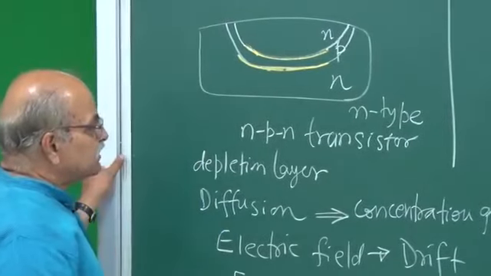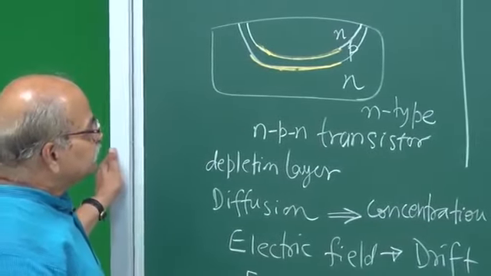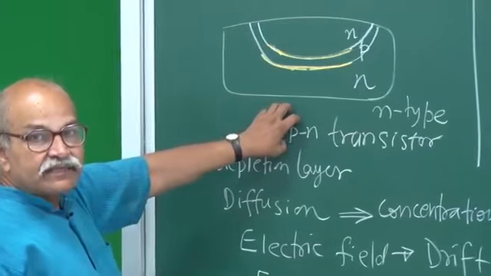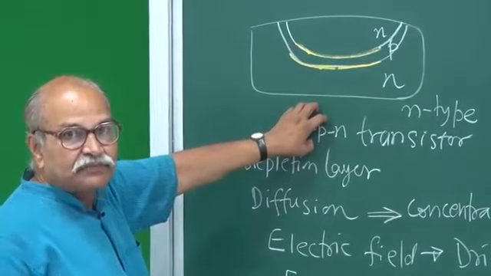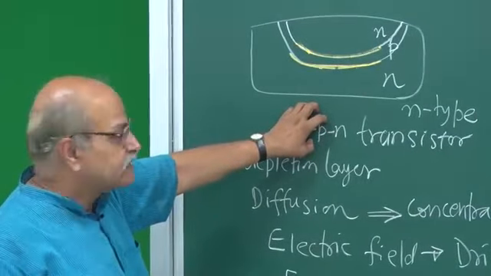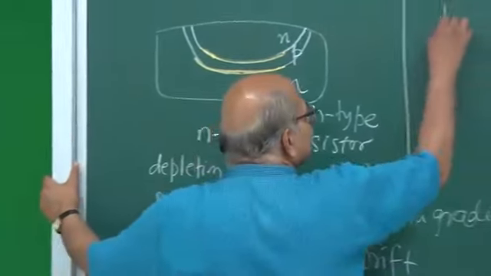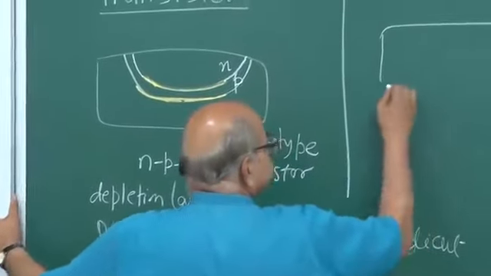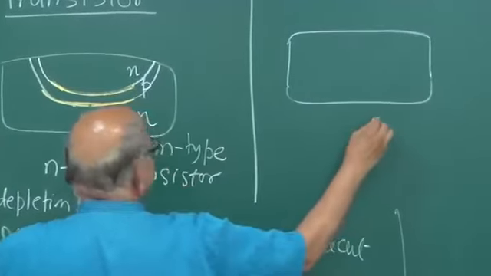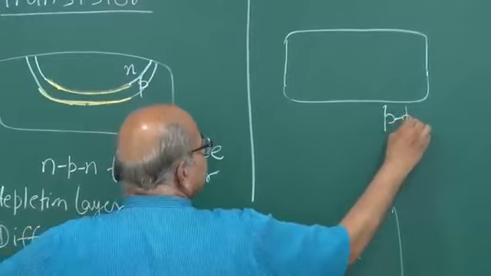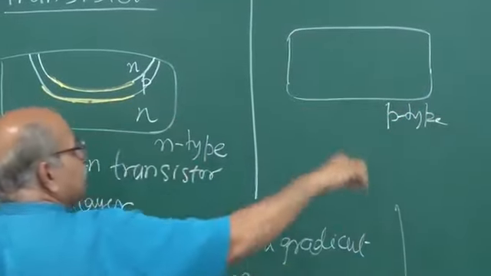And most of the time we will be using the NPN transistor to explain all the physics, all the processes in the transistor. But you can have the opposite of this. You can start with a wafer which is, to start with, the whole thing p-type.